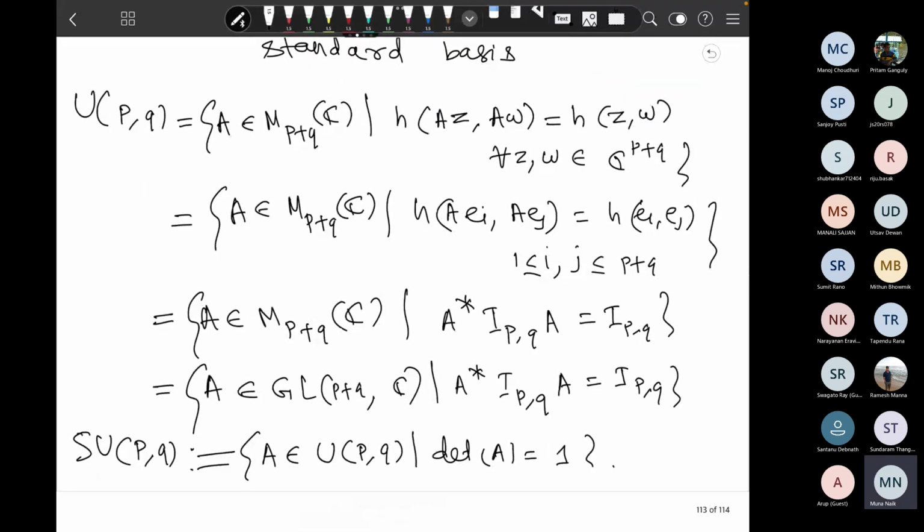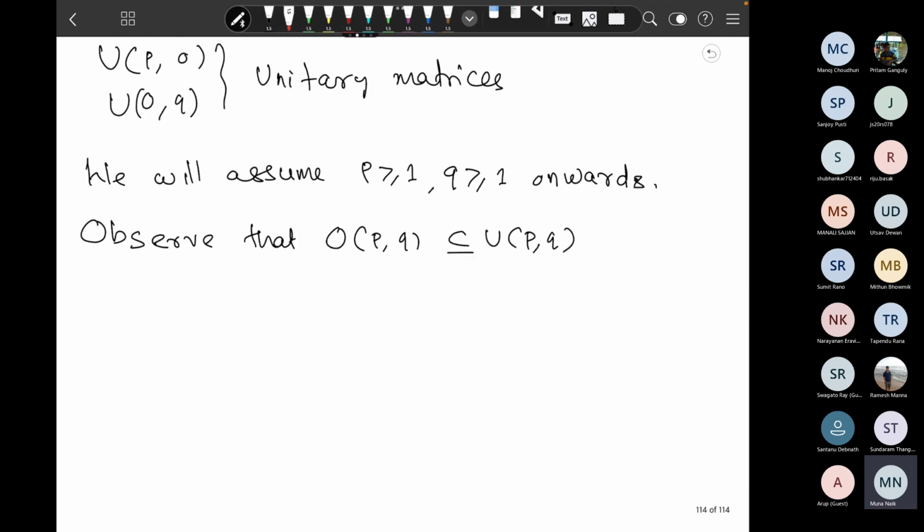It will clearly satisfy this equation, because A star is equal to A transpose and A transpose I_{P,Q} A is equal to I_{P,Q} by definition. So O(P,Q) is contained inside U(P,Q), and SO(P,Q) is contained inside SU(P,Q).